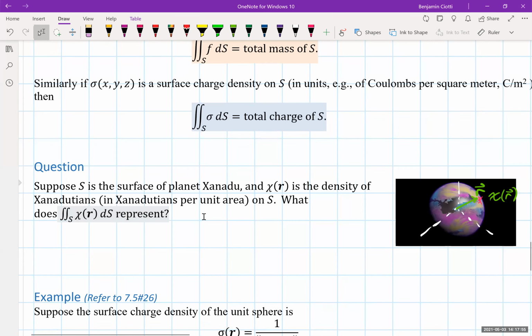What does the integral of chi represent? Someone want to tell me? Maybe let me get someone else involved, someone who hasn't given an answer yet today.